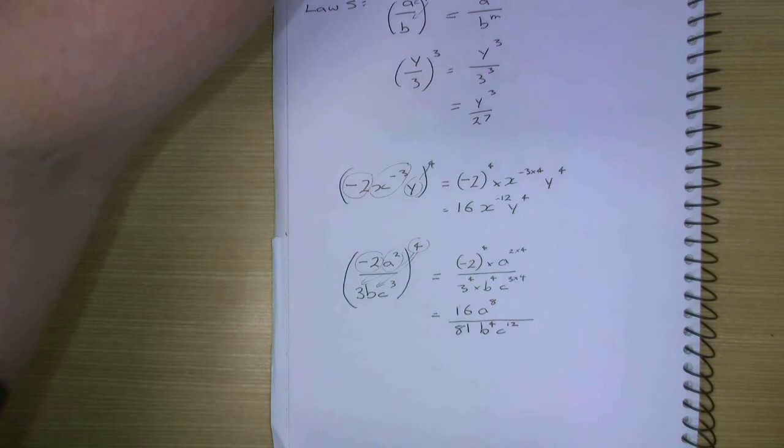A to the 8, and then on the bottom, that's 3 times 3 is 9, times 3 is 27, times 3 is 81. B to the 4, C, 3 times 4 is 12. Okay, that one can't be simplified anymore, so we just leave it like that.